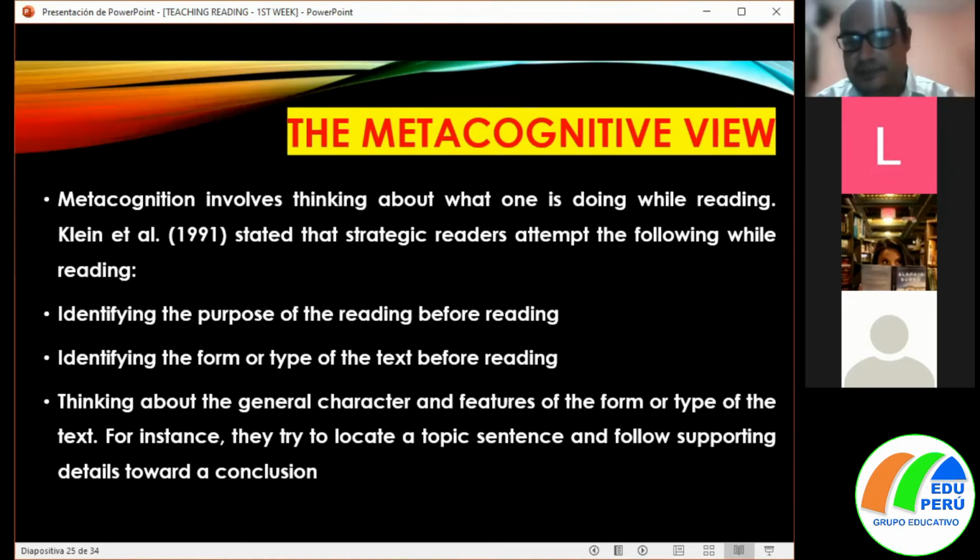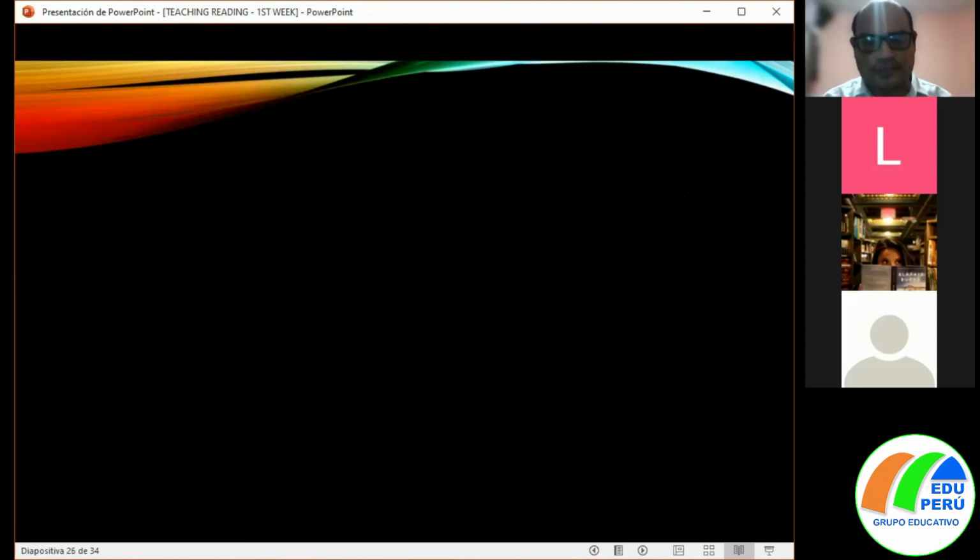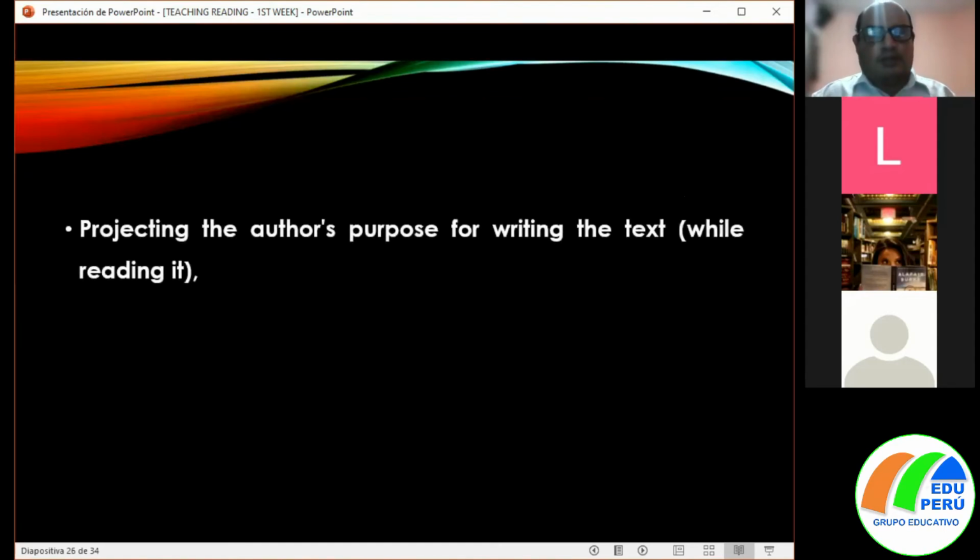Notice here, these three views or theories of reading. Projecting, this is another thing that you do in a metacognitive view, projecting the author's purpose for writing the text while reading it. So you identify, recognize what is the purpose of the author to write this text.